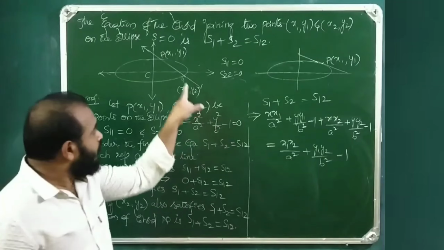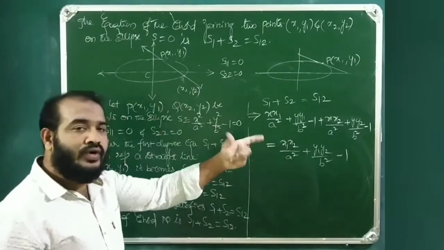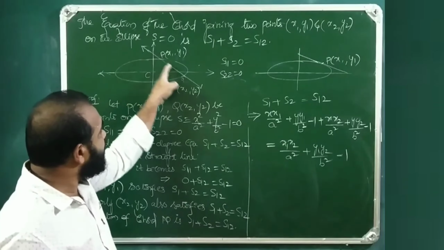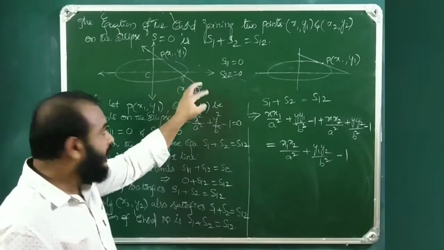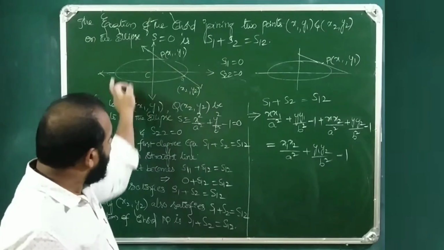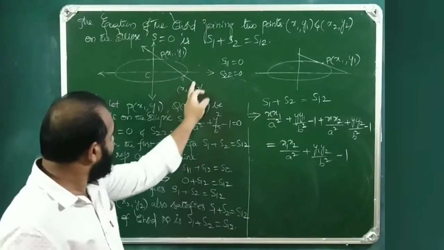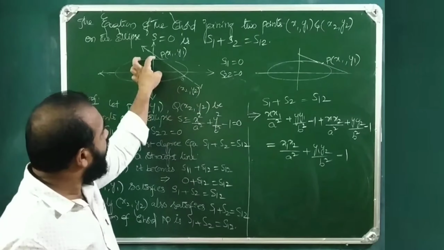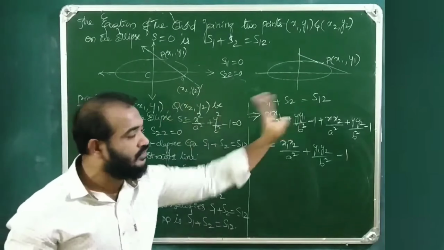Why are we substituting? Because Q(x2, y2) is also a point on this chord. Yes, Q is a point on the ellipse, and not only that, Q is also a point on this chord S1 + S2 = S12.